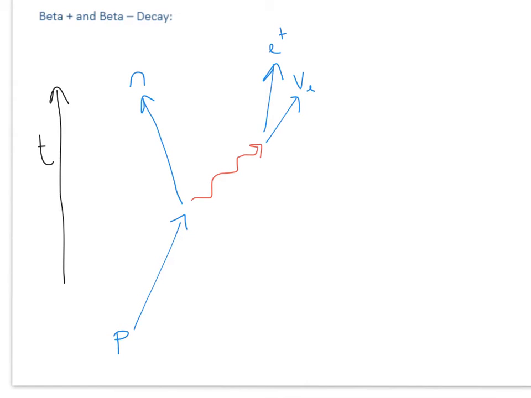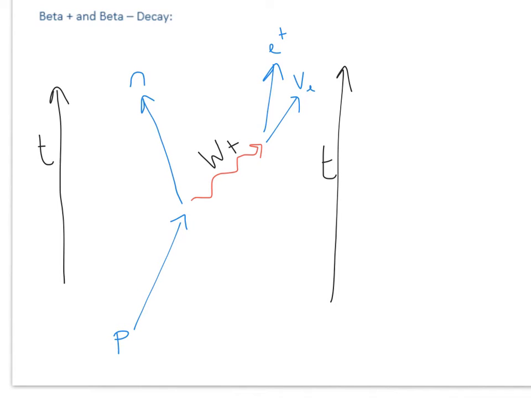Coming across here, the gauge boson, or your exchange particle, would be a W plus type, and I'll explain how we get to those a bit later on. Let's just stick with knowing what they are for now. So in terms of beta minus, again, we start with a time axis.